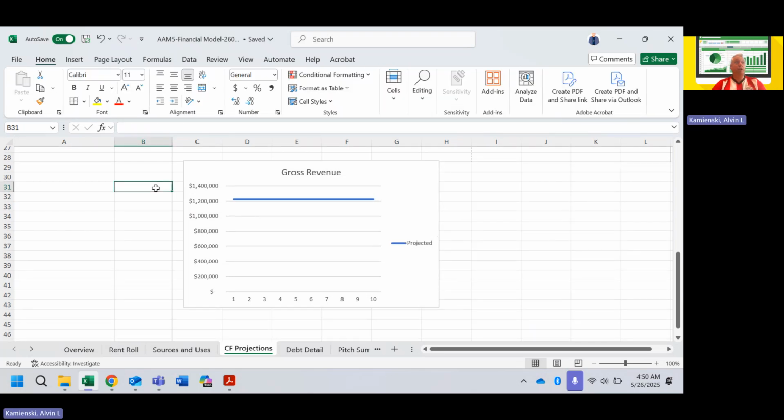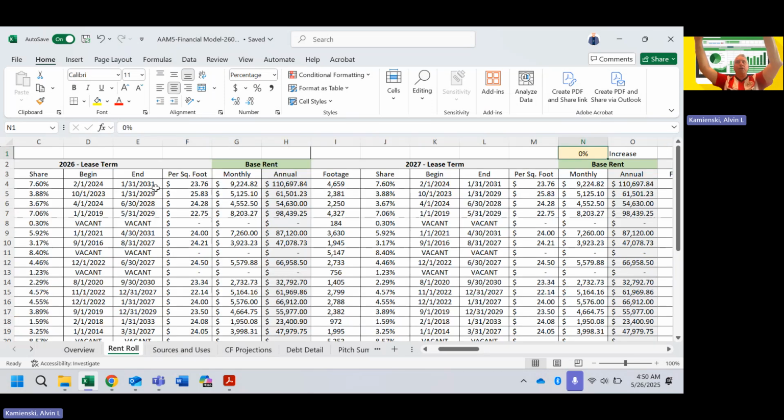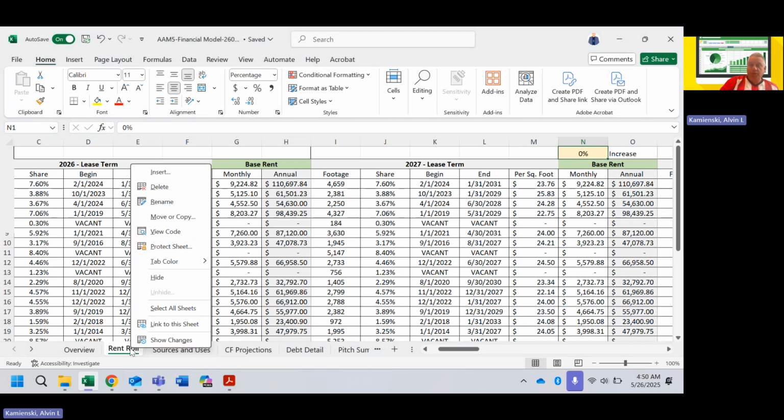All right, here's where the fun trick comes in. Go back to the rent roll. Right mouse click on top of the name rent roll.